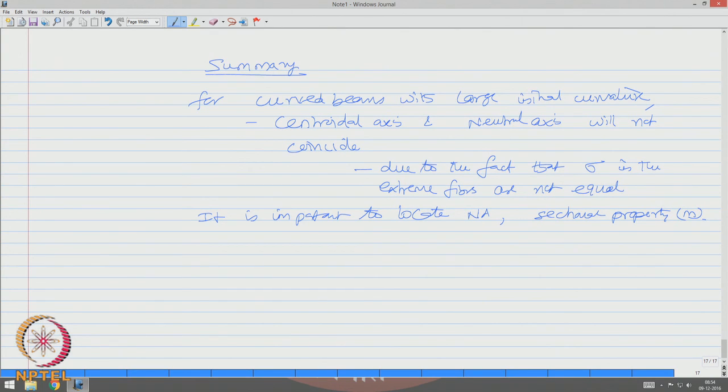So, we found out for different shapes of cross sections like circular, rectangular, T section, we determined, or rather derived, M and E from first principles.